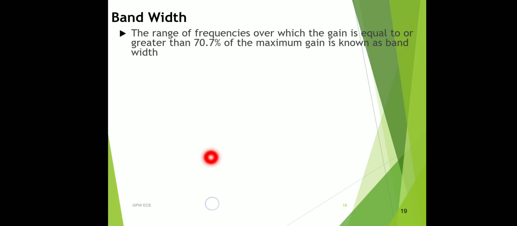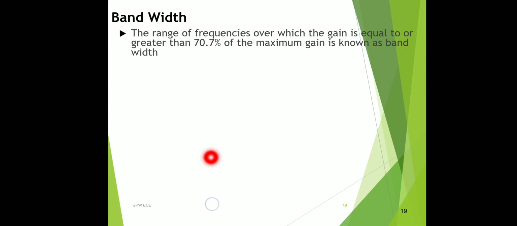That is called bandwidth. That means bandwidth is a range of frequencies in which the gain is greater than or equal to 70.7% of the maximum gain.